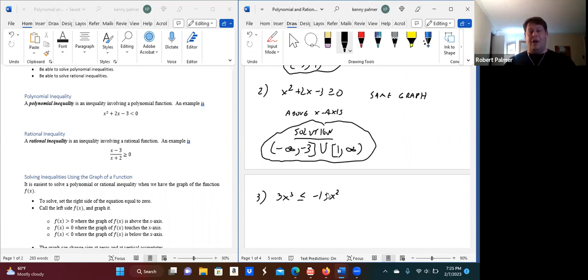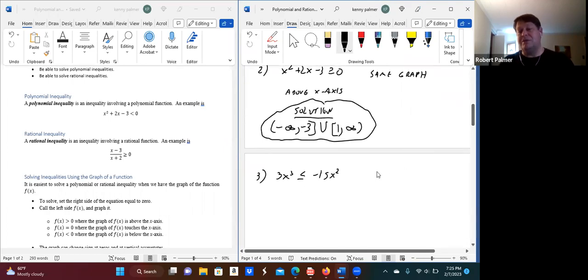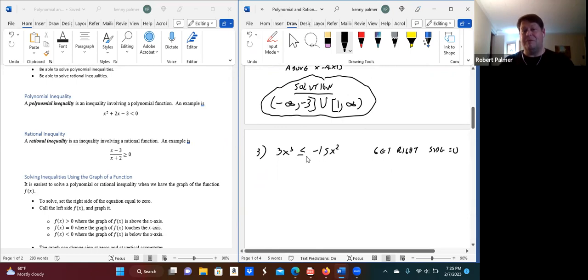Okay. Now, obviously this one is different. It's not equal to 0. So what I want to do then is get the right side equal to 0. So add 15x squared to both sides. That's going to give us 3x cubed plus 15x squared is less than or equal to 0.